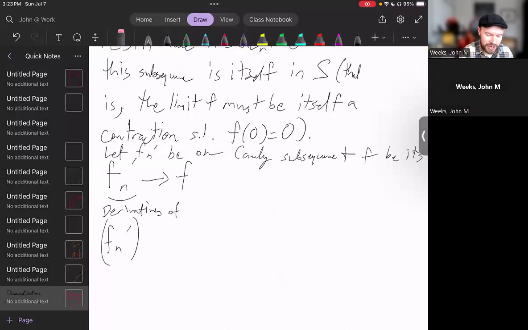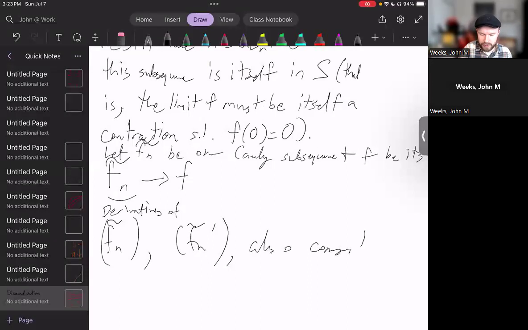Maybe I'll go back and change it briefly so that I'm not confusing the prime and what I'm using to denote the subsequence. So the derivatives of the functions f sub n tilde also converge to f prime.